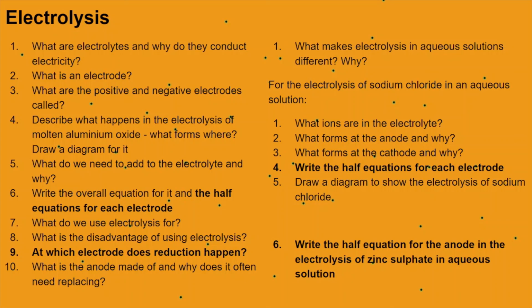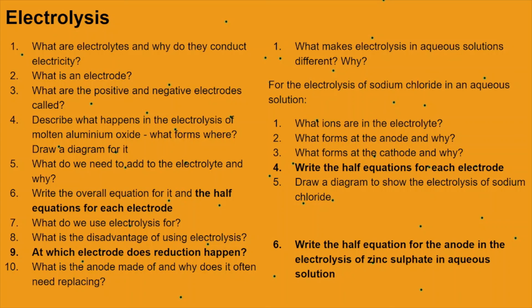So the cathode, the negative electrode, is where the positive ions go to gain electrons, because that negative electrode is going to have more electrons. Here we will have the positive metal ion and the H+ ions, and if the metal ion is less reactive than hydrogen, then that metal will form at the cathode, but if that metal is more reactive than hydrogen, then the H+ ions will go to the cathode and form hydrogen.